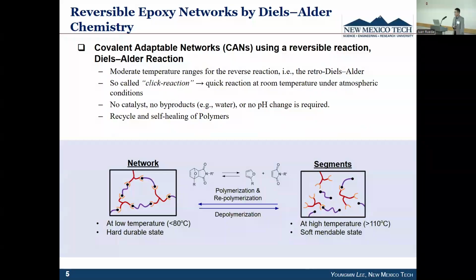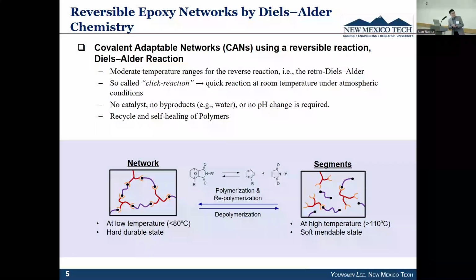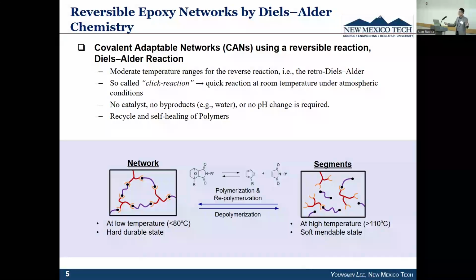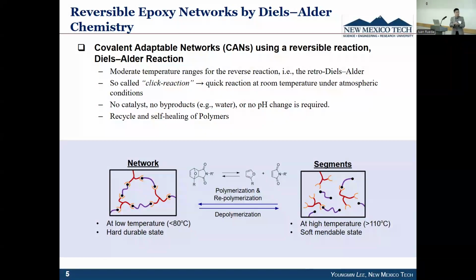For the reversible network, I use the Diels-Alder reaction. The Diels-Alder reaction uses a diene; in our case, we use the furan group, a five-member heterocyclic ring. And the dienophile, in our case, is maleimide. These two functional groups are separate, but at room temperature or some low temperature, they react and form a cycloadduct like this.